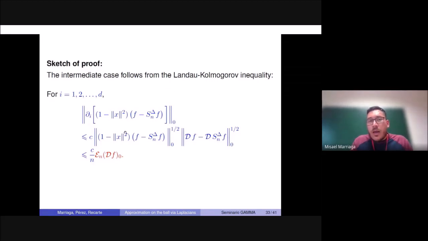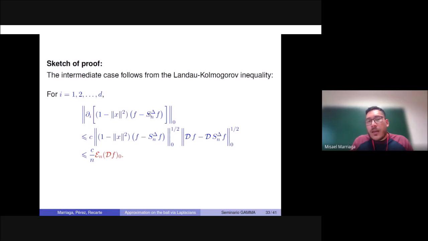Okay, and it just says that I can bound the partial derivative of some function by the norm of the function, the square root of the function, and the square root of the Laplacian of the function, okay?